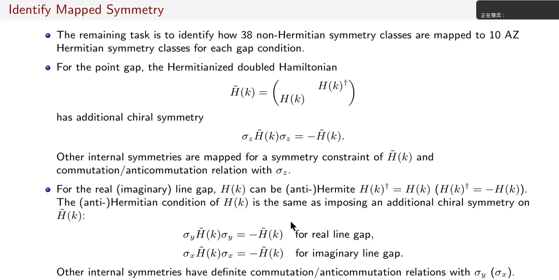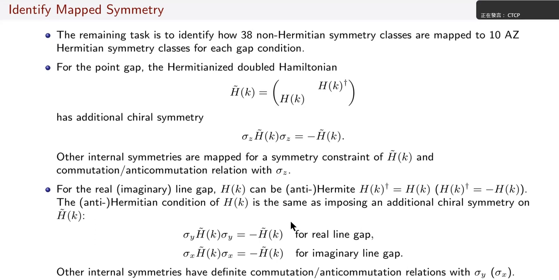So the remaining task is to identify how the 38 non-Hermitian symmetry classes are mapped to the tenfold Altland-Zirnbauer symmetry classes in Hermitian systems. So yeah, this is very easy. Let me explain why. For point gap topological phases, we consider the Hermitianized doubled Hamiltonian H tilde. Then you can see this Hamiltonian H tilde has an additional chiral symmetry by sigma z, by this construction.